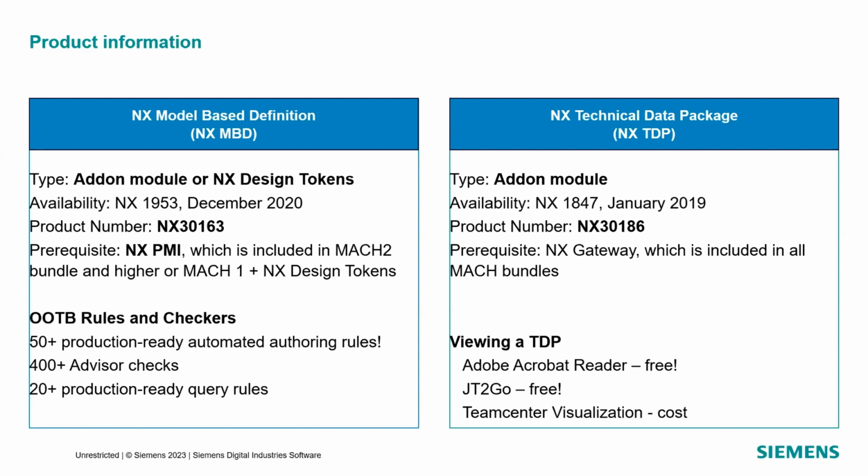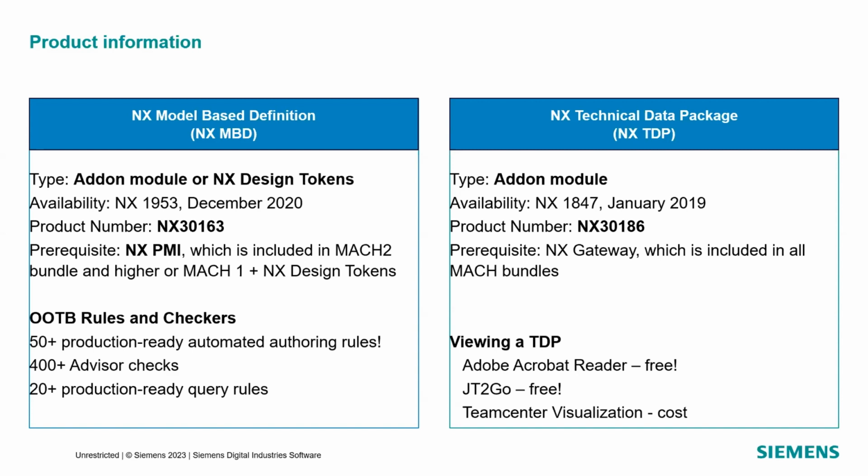And then the other side is the technical data package. So this is a separate add-on module to any of your bundles. So any Mach bundle that you would have, you could add this capability. So the ability to publish, that's what you're using the module for. The viewing, that's all free that we talked about.